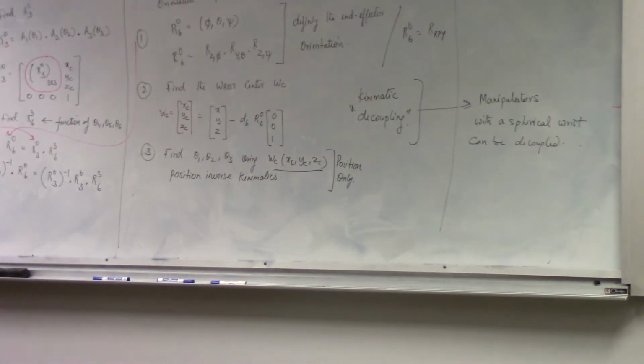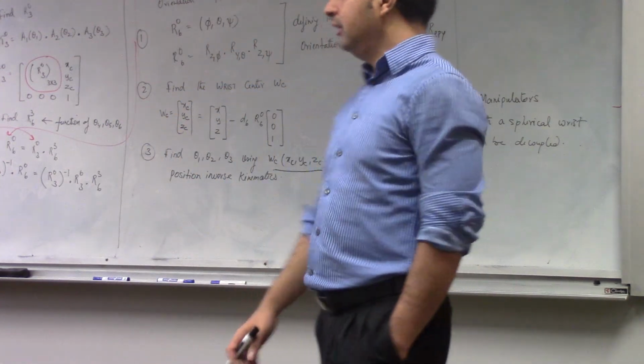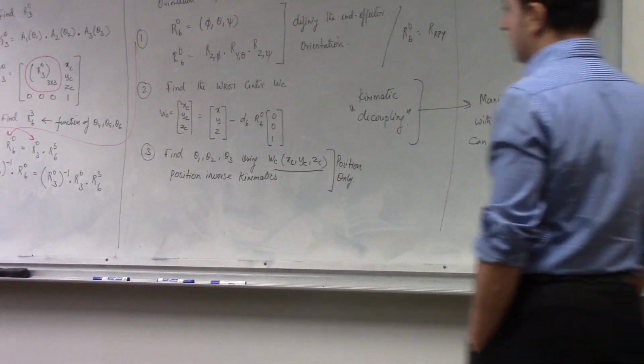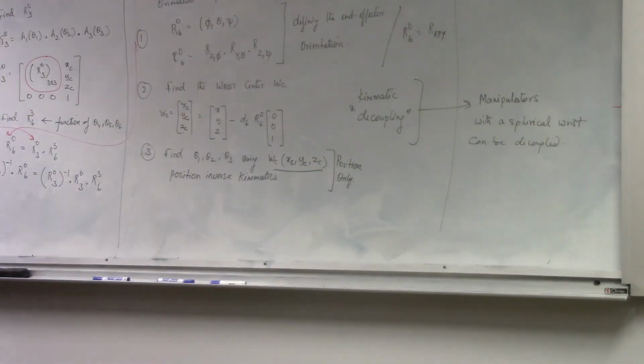Most other manipulators you'll have to check from the DH if you have a point of intersection where three axes intersect, and then you'll have to work out the decoupling. But in our case, we'll stick to manipulators with a spherical wrist, so you can have 3 degrees for positioning and 3 degrees for orientation.